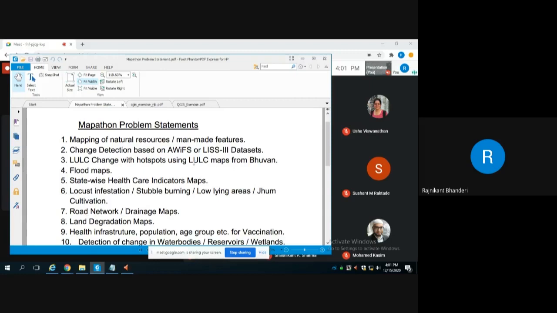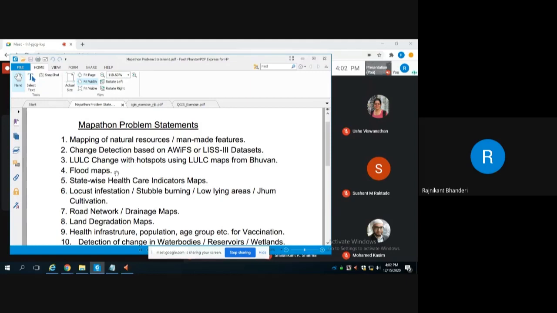One can directly download this ready-made dataset, use it, and come out with the particular change wherever there are hotspots, meaning dynamically changing areas where some significant change is observed. That change map one has to prepare as an output and come out with the statistics of how much change is there.